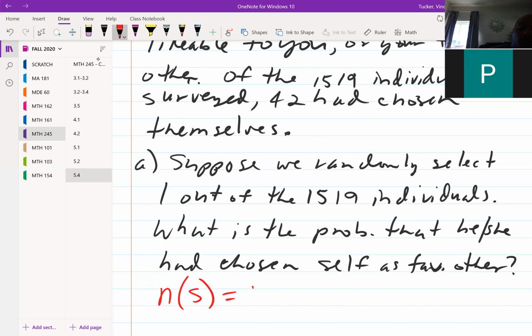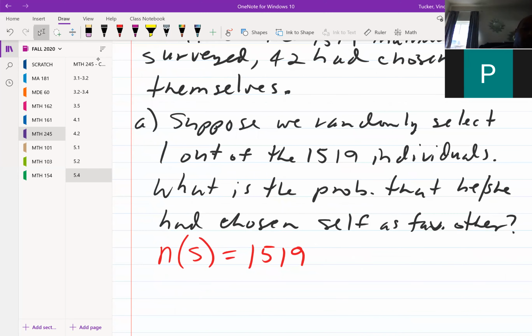Remember, this is a probability, so you need a number out of something. So our sample space is 1519. The number of individuals who chose self, just call it our event, is 42.